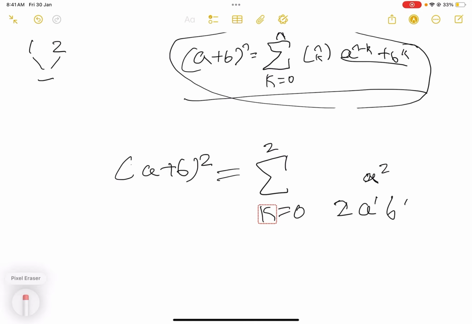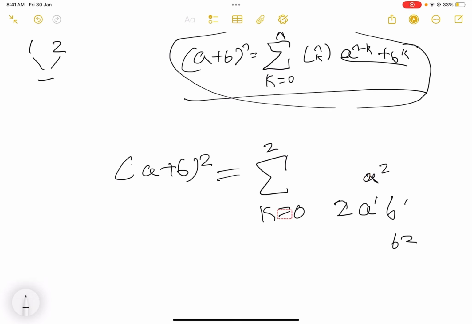Now we have to finish by doing k equal to 2, and 2 choose 2 is equal to 1. We don't have to write the coefficient if it's 1, and n minus k is equal to 0, so a to the 0 plus b to the k. b to the k is equal to b squared, and we can just remove the a.